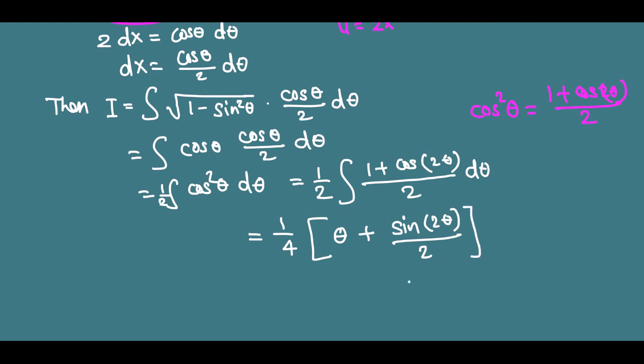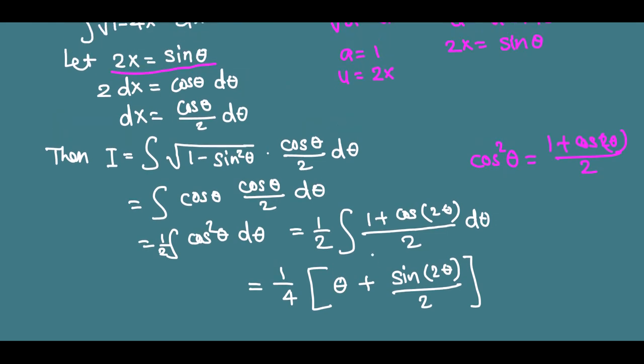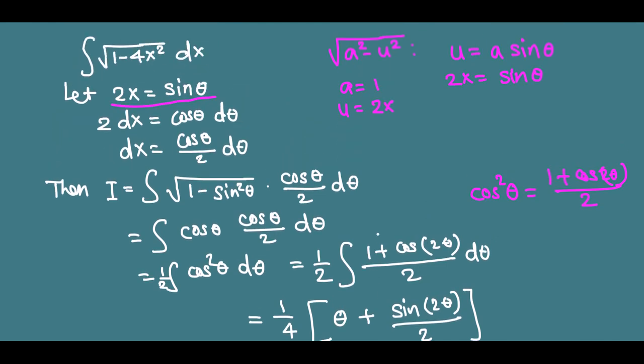This could be the final answer, but we have to write the final answer in terms of the original variable x. Our substitution was 2x equals sine theta. Using this, we will find what is theta and what is sine 2 theta.